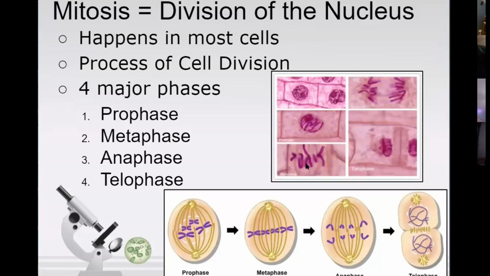During metaphase, they line up at the middle. Meta literally means middle. During anaphase, they pull apart. Ana literally means apart. And then this is telophase. Telo is end. So this is your end phase. You can see it's starting to divide the cell itself. Okay? So you want to recognize what the chromosomes are doing in each of these phases.